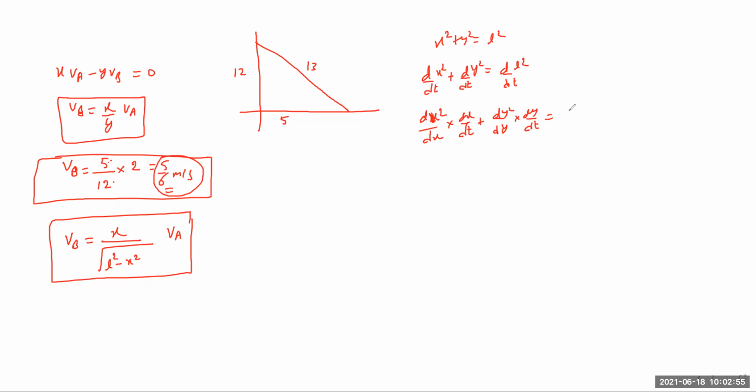And L is a constant quantity, it will not change, so it's 0. So this will give you 2x into dx by dt plus 2y into dy by dt equals 0. So 2 will cancel out, and so you will have a relation.